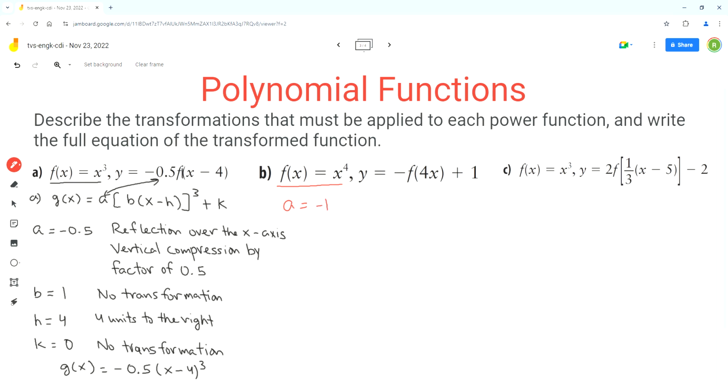As a result, there is a reflection over the x-axis. B is equal to 4, the coefficient of x in the parentheses. There is a horizontal compression by a factor of 1 over 4.